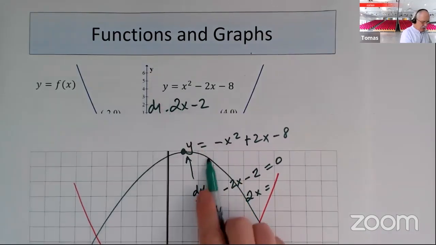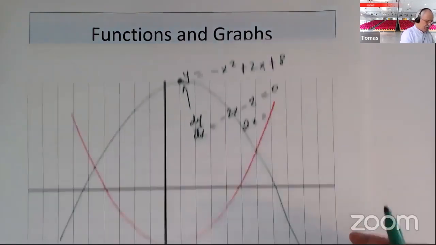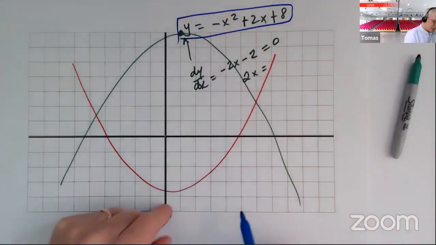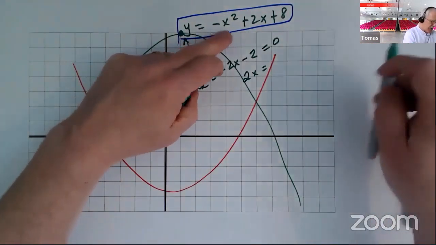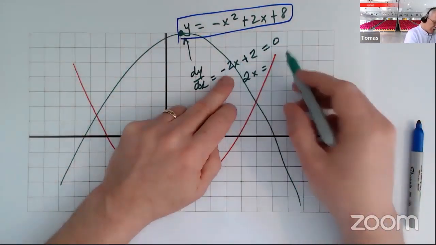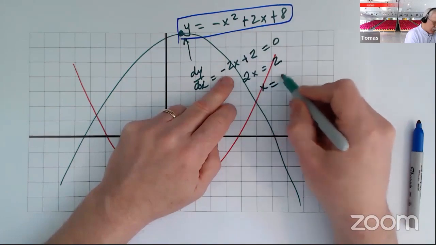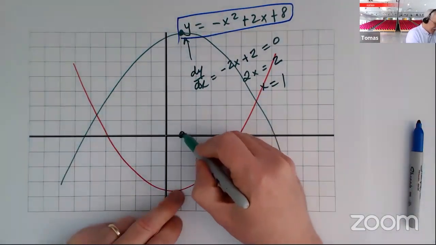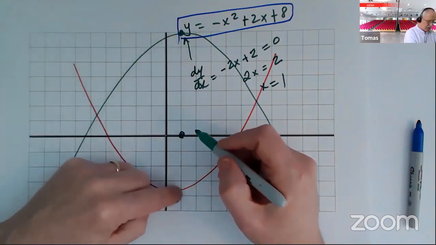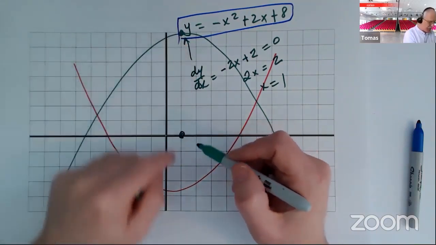So y is equal to minus x squared plus 2x minus 8. So the green graph, that's its equation. The dy/dx of that would be minus 2x plus 2. So that would mean 2x is 2, x is 1. So it would say that the maximum was when x was equal to 1, exactly as it was for the red graph, but upside down now.